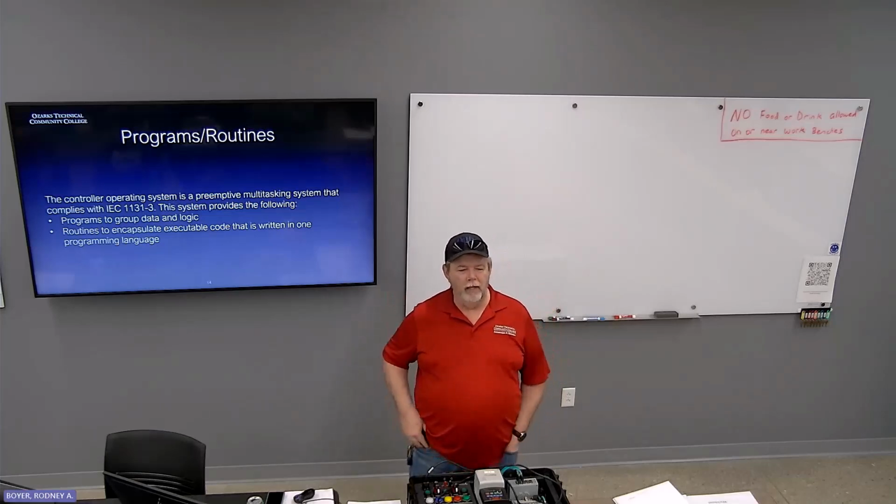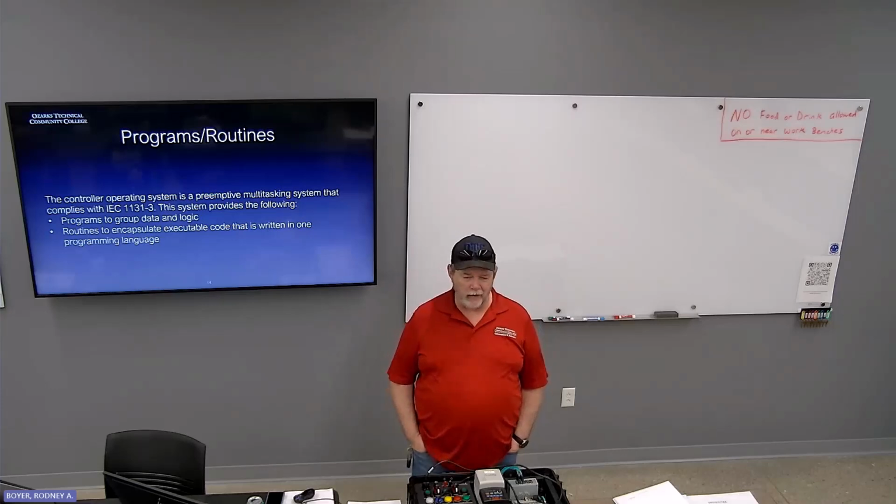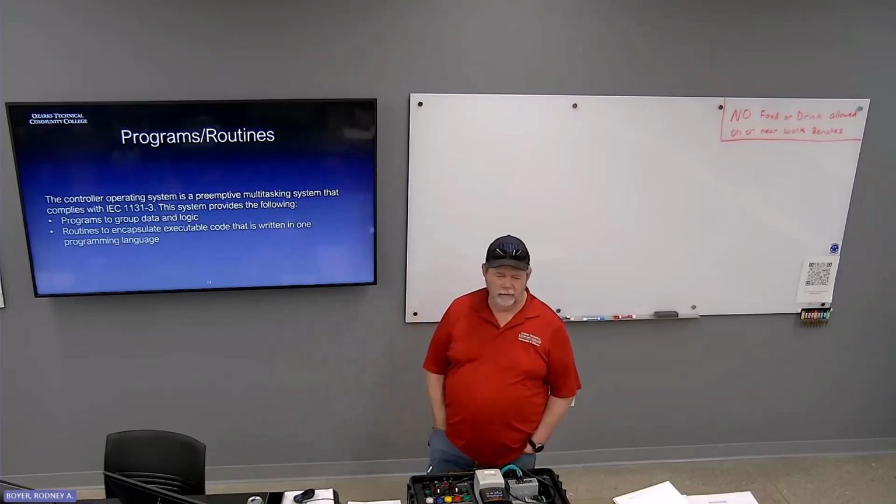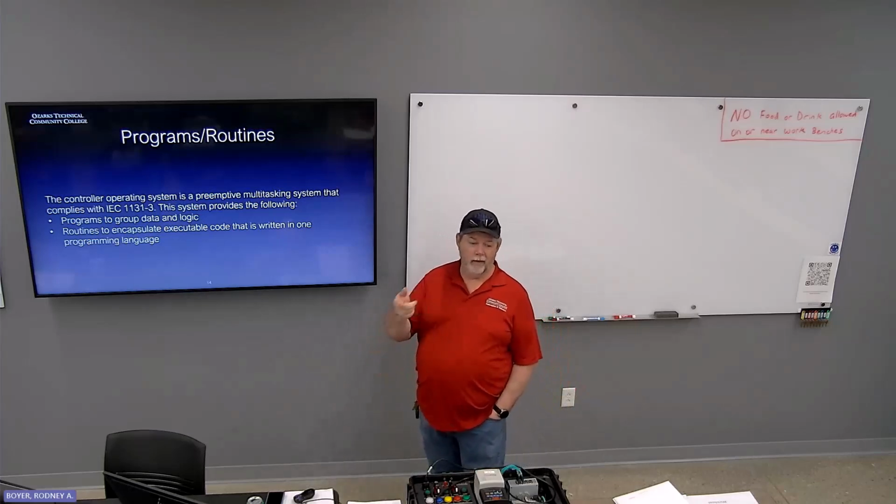So a lower priority task is going to have a higher priority number. Priority 1, most important thing. Priority 10, it's down there at the bottom. So technically 1 is a lower number, but it's higher priority.